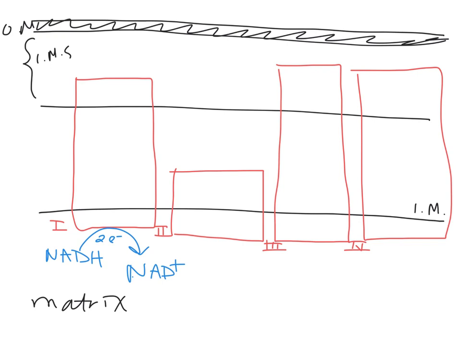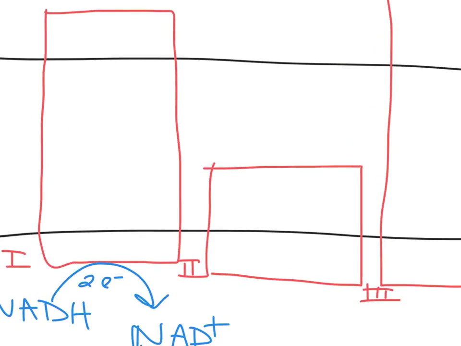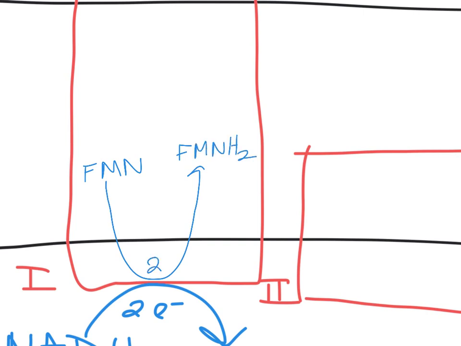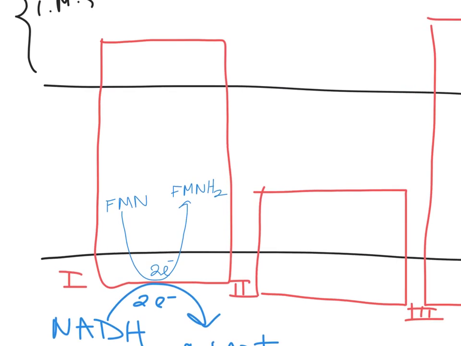So the first place that it goes is this electron carrier called FMN, or flavin mononucleotide. It's going to pick up those 2 electrons, and it's going to become FMNH2. So it picked up the 2 electrons from NADH because FMN has a higher reduction potential. And FMN is part of complex 1.